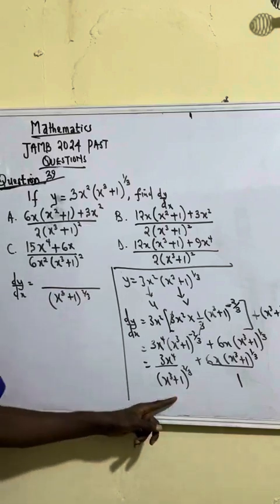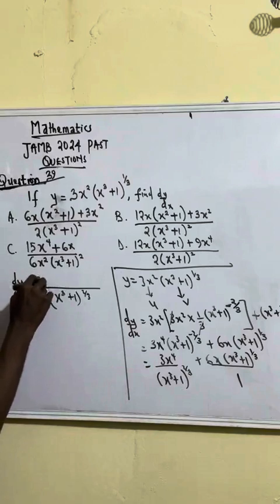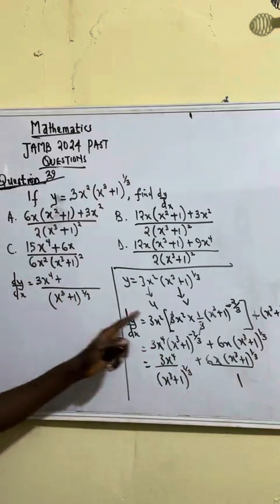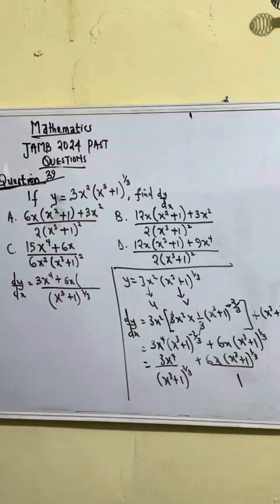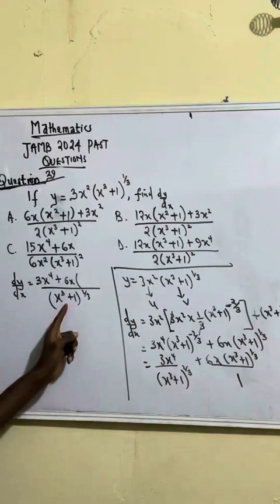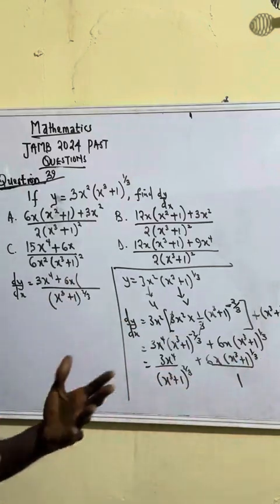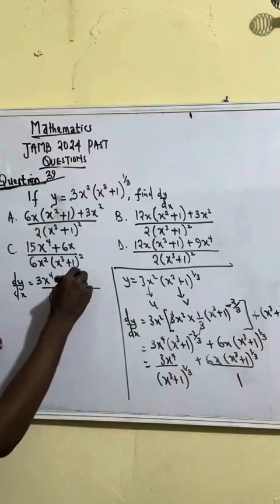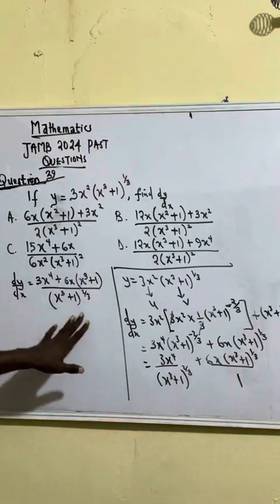So 1 times 3x squared gives me 3x raised to power 4, plus this times this, that will give me 6x times (x cubed plus 1) raised to power 2 over 3 times (x cubed plus 1) raised to power 1 over 3. So we just add powers together, you have 3 over 3. In short, this will give me x cubed plus 1. This is what we are going to have as our final result.